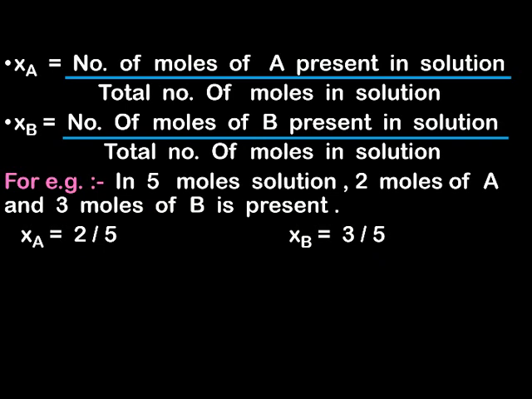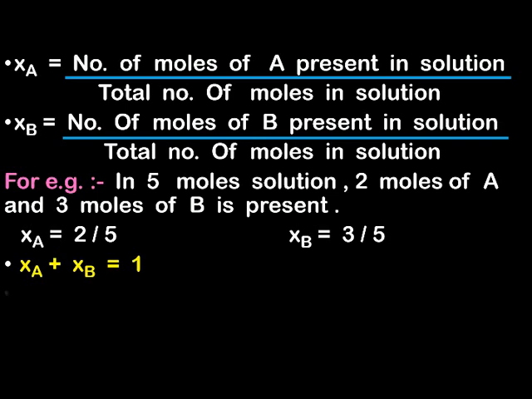And guys, you will observe one thing, that whenever you add XA plus XB, you will always get 1. In this example also, as you can see, 2 by 5 plus 3 by 5 will obviously give you 1. So this is the relation that you will always get. Suppose if there is some other substance C present, then XA plus XB plus XC will be equal to 1. Okay, so when you add the mole fractions of all the substances present in a solution, you will always get 1.